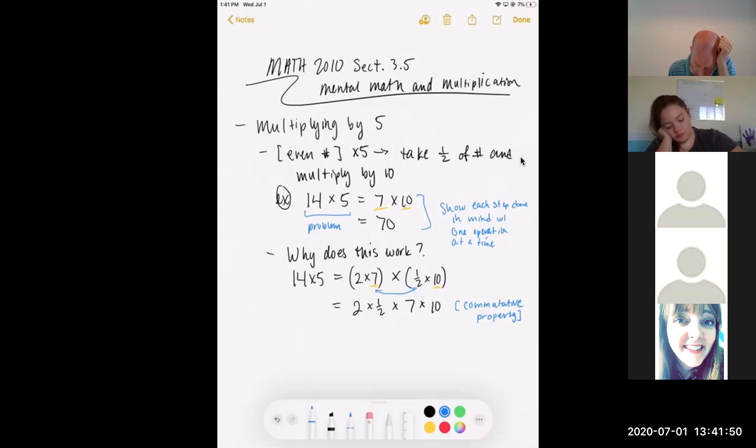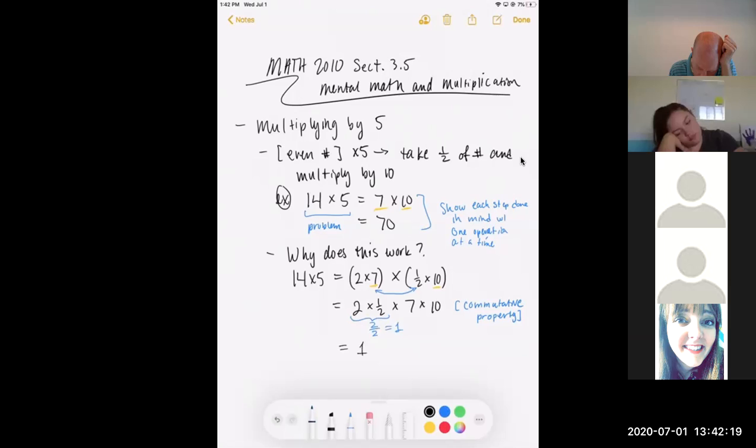Commutative property. Okay, now what happens to the 2 and the 1/2 is that they become 1 because 2 times 1/2, let me back that up a little bit. This right here is 2 times 1/2, which becomes 2 over 2, which is equal to 1. Okay, and that's where it becomes the identity.